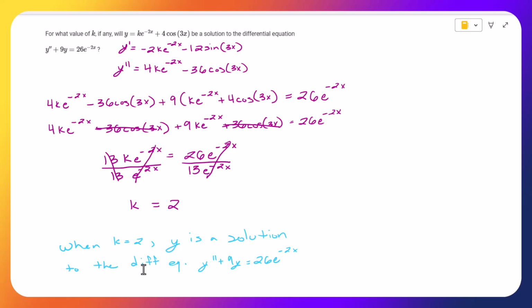Diff could be short for differentiable, and diff can be short for differential. So differentiable and differential are two different words. I'm going to say it one more time so you can hear it. The first word I'm saying is differential, that's this word right here, and then differentiable, the ability to be differentiated. Those are two different words.